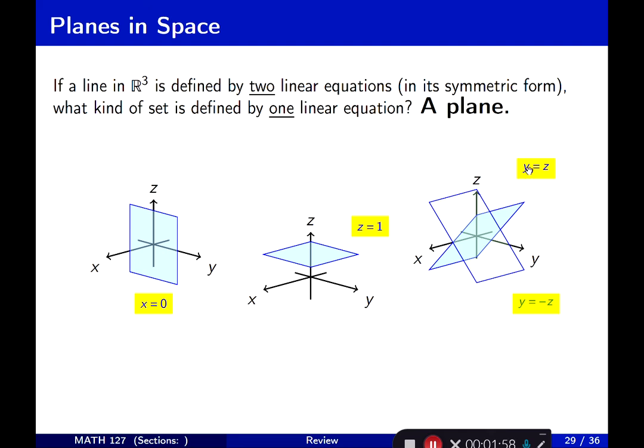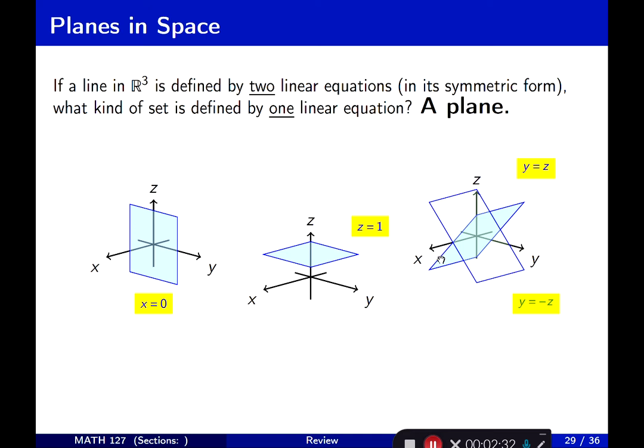What about y equal to z? y equal to z is the plane that actually contains the x-axis, and if you look at how it projects on the YZ plane, it just gives you y equal to z on that plane. y equal to negative z, again, contains the x-axis.